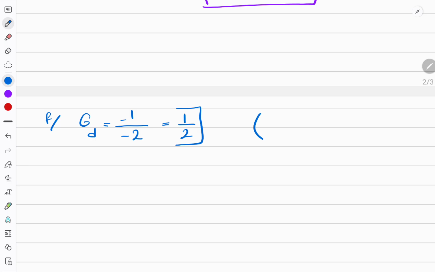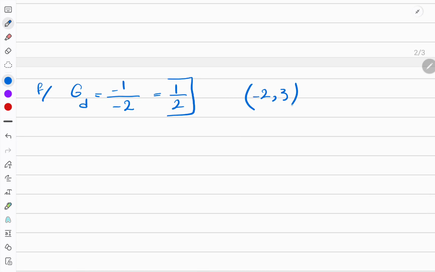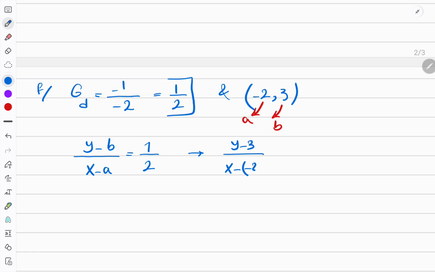And the point was -2 and 3, which lies on this line. Okay, so y minus b over x minus a is 1/2. This is a and this is b. Y minus 3 over x minus -2 is 1/2.